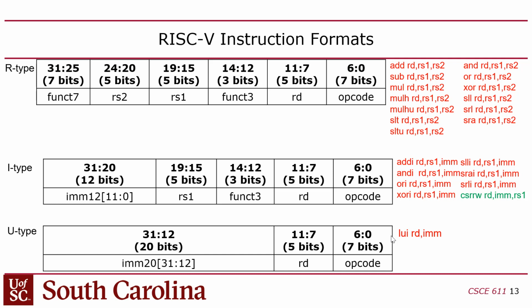And depending on the opcode, then sometimes you have to also look at function 3, and then sometimes you have to additionally look at function 7, right, to figure out what the instruction is. It depends on the instruction. And I'll show you an example of a way that you can code that in just a minute here.